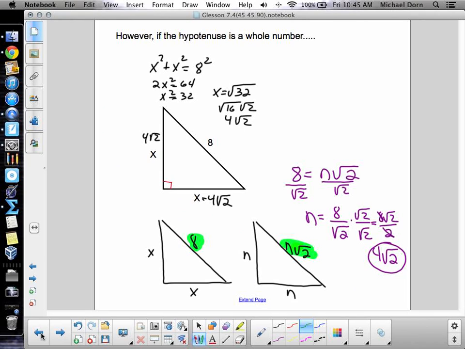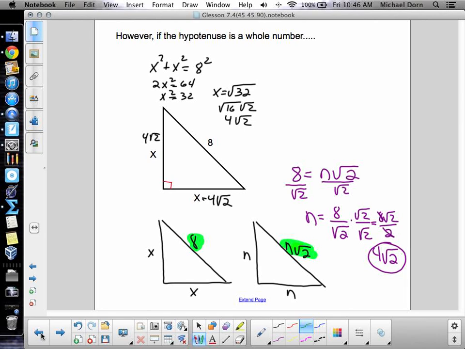When this was 8, what's half of 8? 4 times the square root of 2. That's what we came up with, isn't it? So if the hypotenuse is a whole number, then the leg is half that whole number times the square root of 2. Now, if that whole number is even, that's really nice. If it's odd, oh well. If it was a 9, then it's 9 root 2 over 2, or 9 halves root 2. 9 over 2 times the square root of 2.